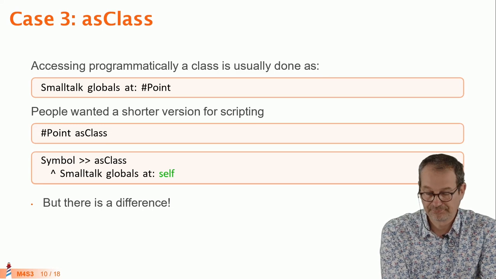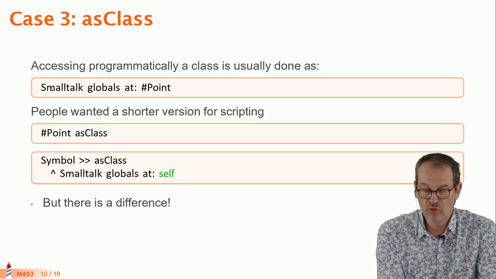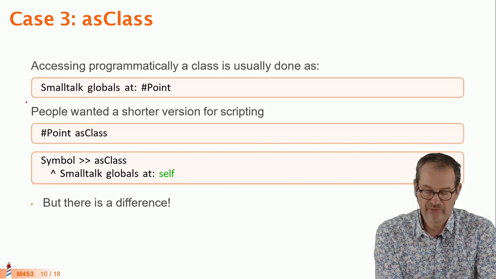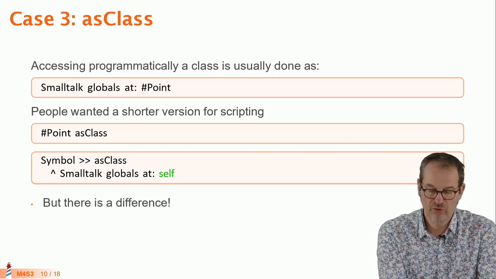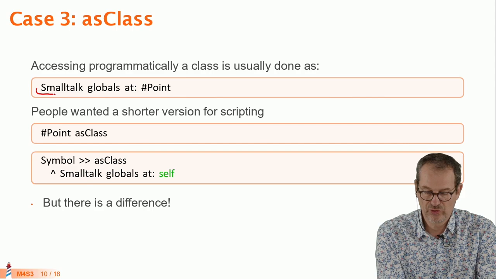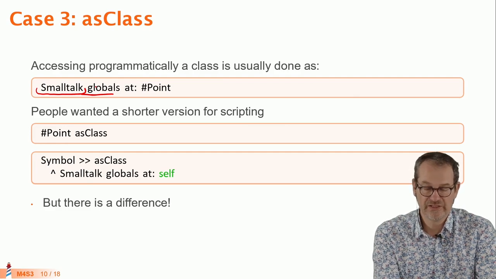So when we want to access programmatically a class for doing a script or things that are a bit strange in Pharo, we ask the namespace. We say, namespace, give me all the globals in the system. This is basically a dictionary that is holding a reference to classes, and give me the class that is named Point.